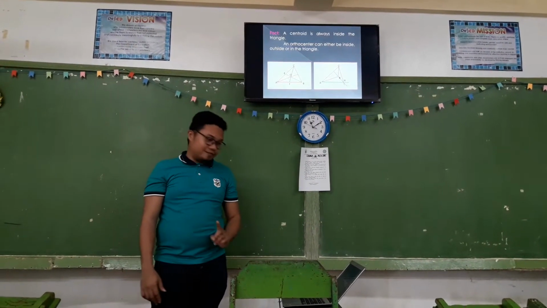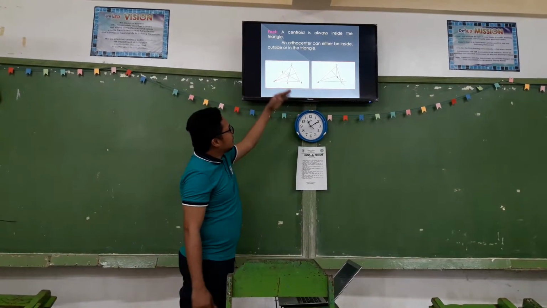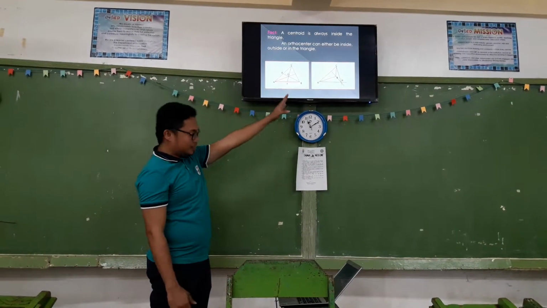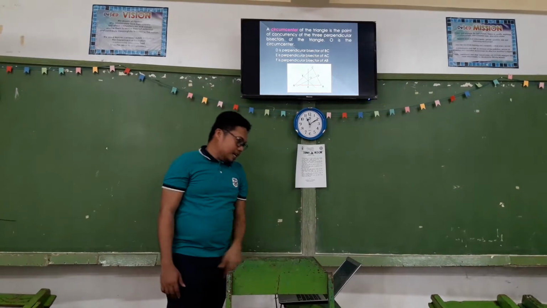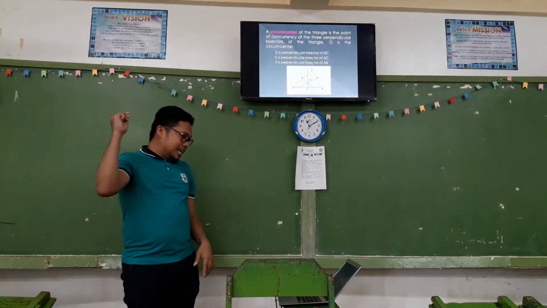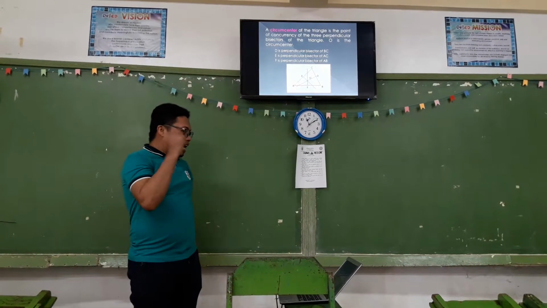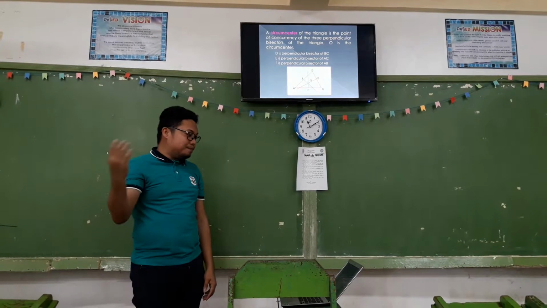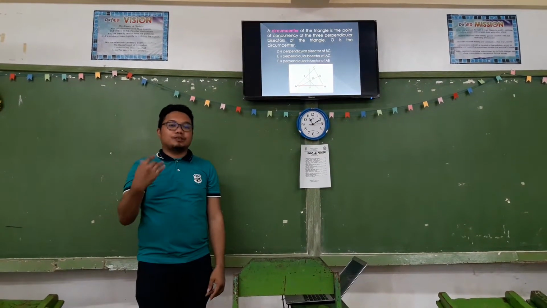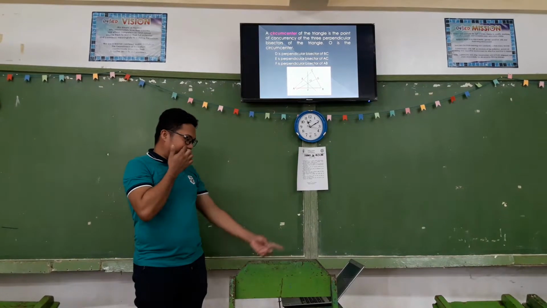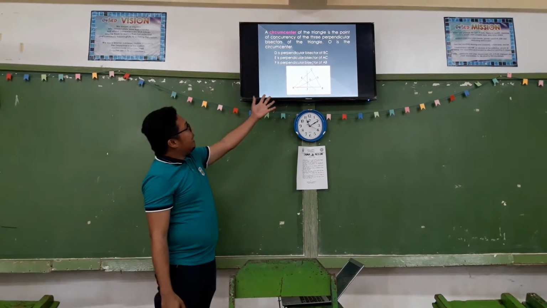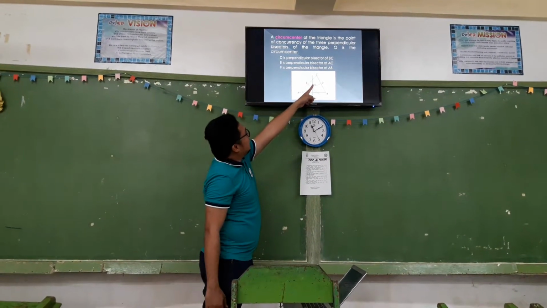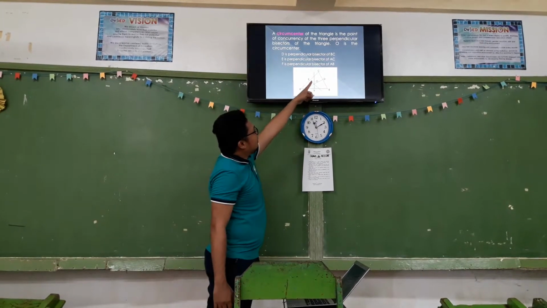That is also another fact. We have two figures to compare the centroid and the orthocenter of different triangles. Next, we have the circumcenter. A circumcenter of the triangle is the point of concurrency of the three perpendicular bisectors of the triangle. In the given figure, O is the circumcenter. D is the perpendicular bisector of BC.